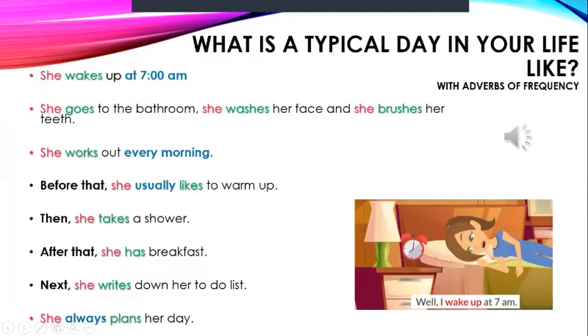She usually likes to warm up. Remember? First the person, then the adverb, and then the verb. Okay? She takes a shower, she has breakfast, she writes down her to-do list, and she always plans her day. Again, the adverbs of frequency.